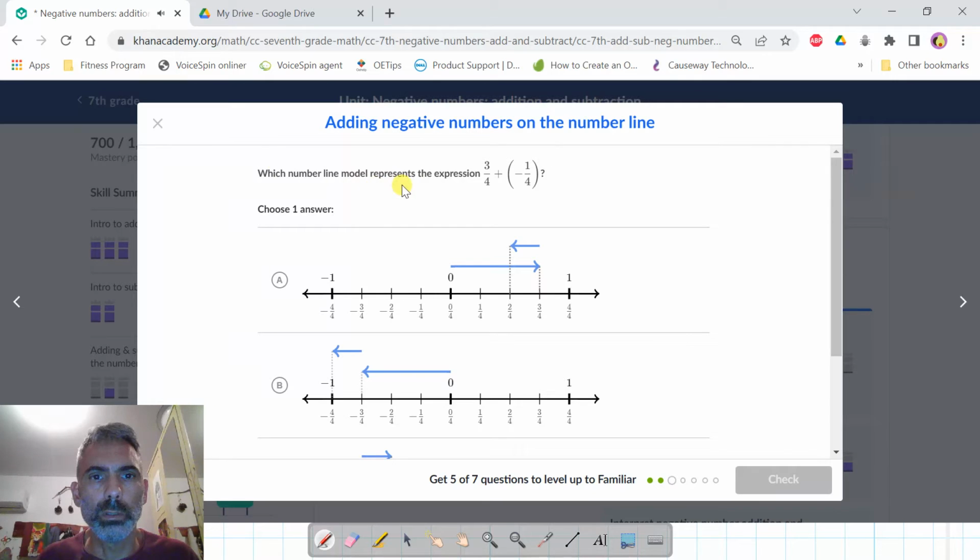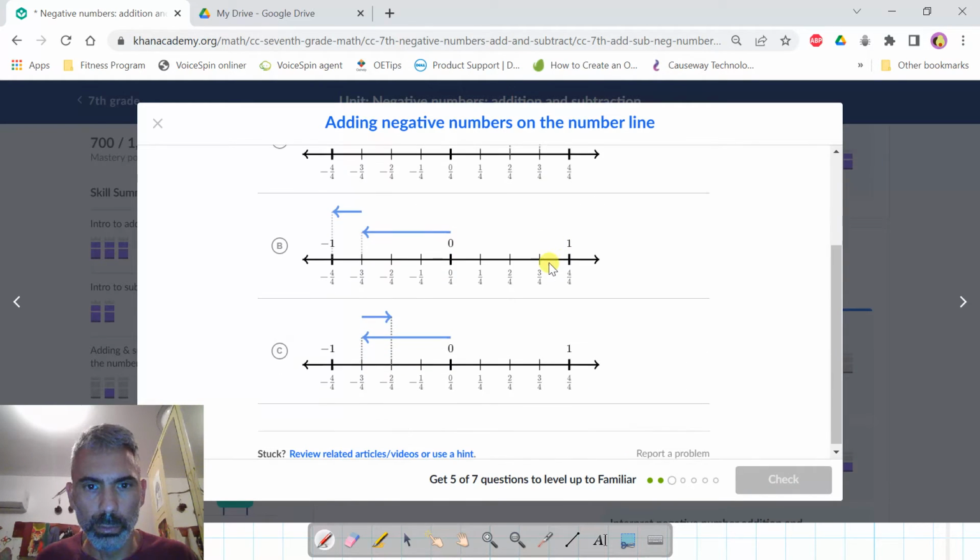Which number line model represents the expression 3/4 plus minus 1/4? So we first take positive direction, 3/4 to the right of the 0.